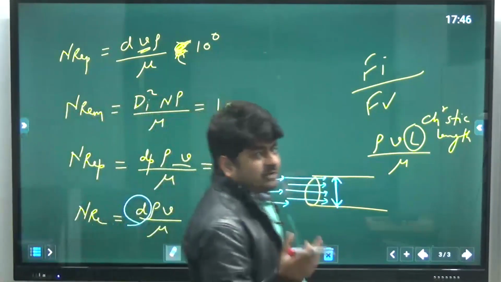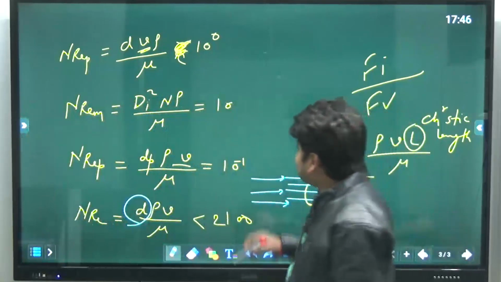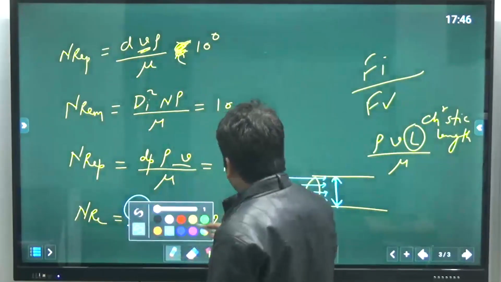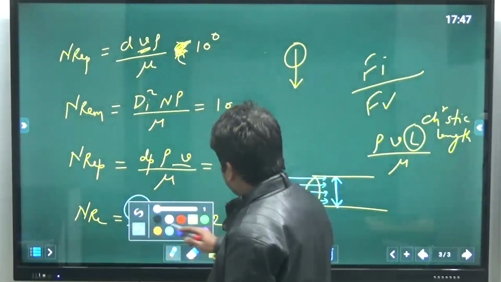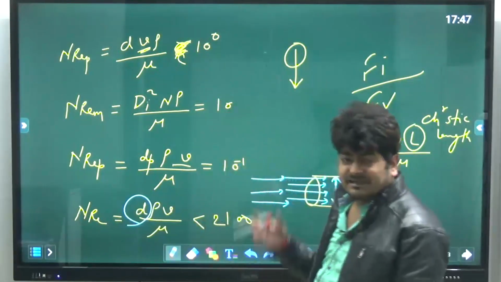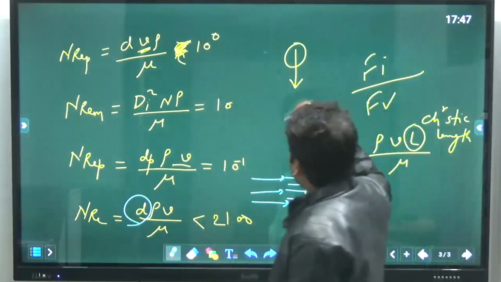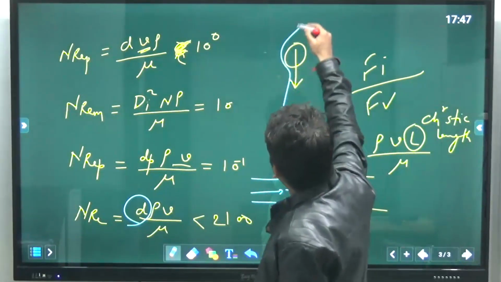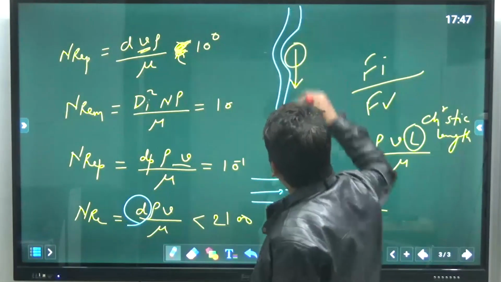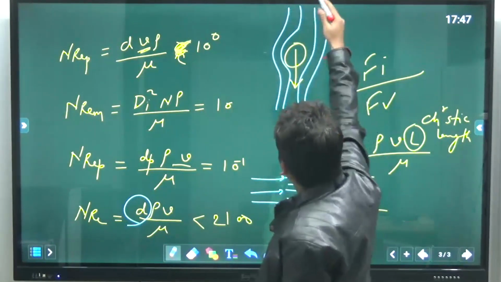When I am talking about the settling of a particle, so this is the particle which is settling in a fluid. Fluid is stationary, but since the particle is moving, the streamlines of the fluid will be like this.